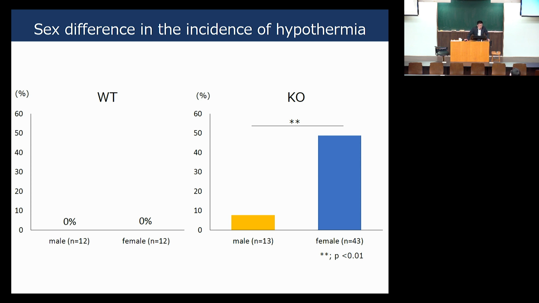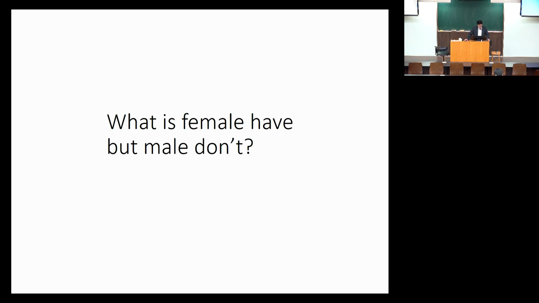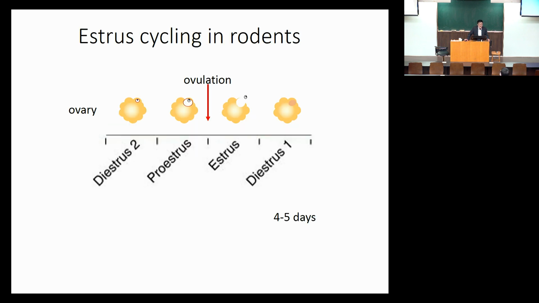But not all the females have hypothermia after LPS injection. Why? What do females have that males don't have? How do you think? I'm a physiologist, so first we focused on the estrous cycle in the mice, and we checked their estrous cycle.